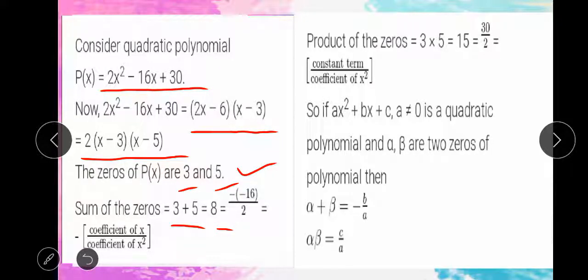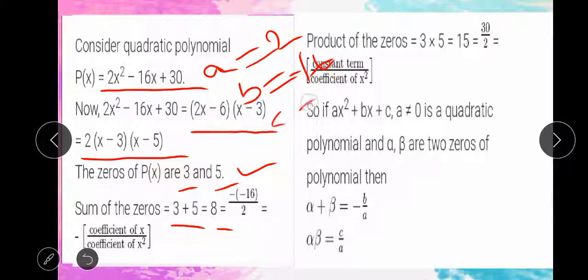Now, comparing it with the formula minus b by a, we have a equal to 2, b equal to minus 16, c equal to 30.